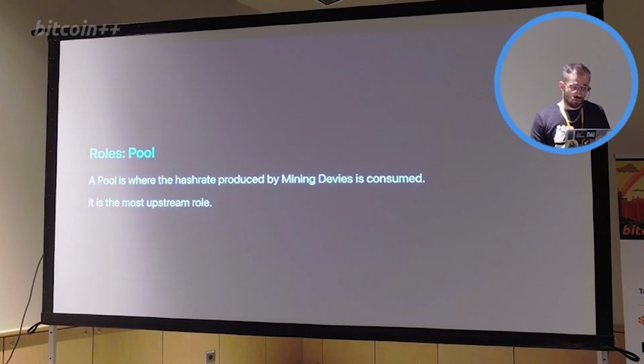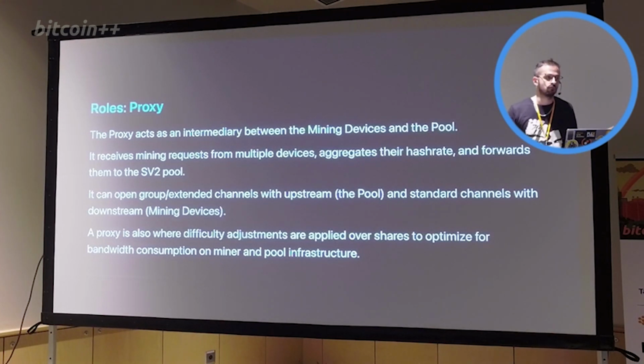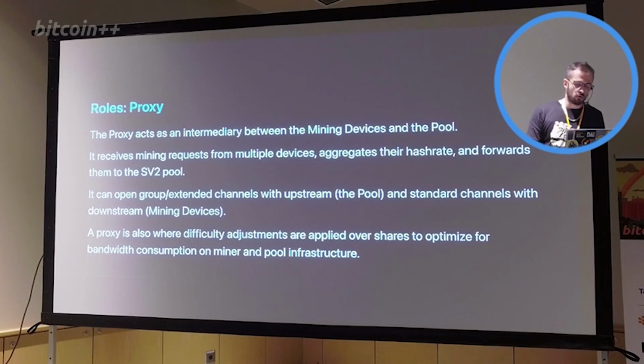We have the role of the pool, which is a hash rate consumer. And it is usually the most upstream role. A proxy is an intermediary between mining devices and the pool. It receives mining requests, aggregates the hash rate from multiple machines, and forwards it to the pool. So proxies are useful in big mining farms.